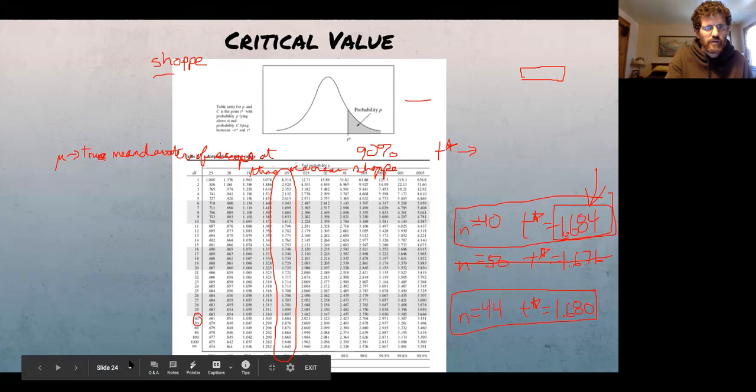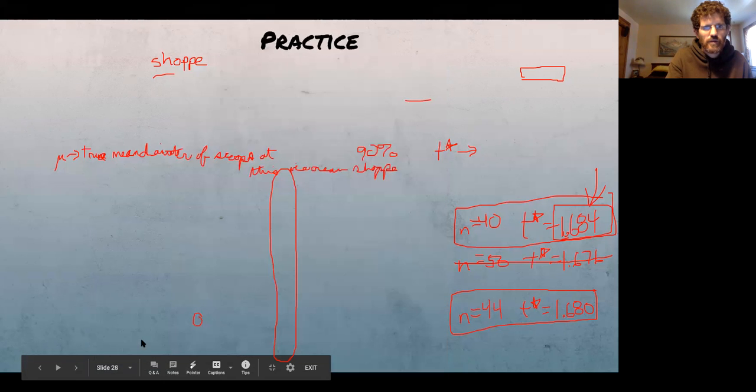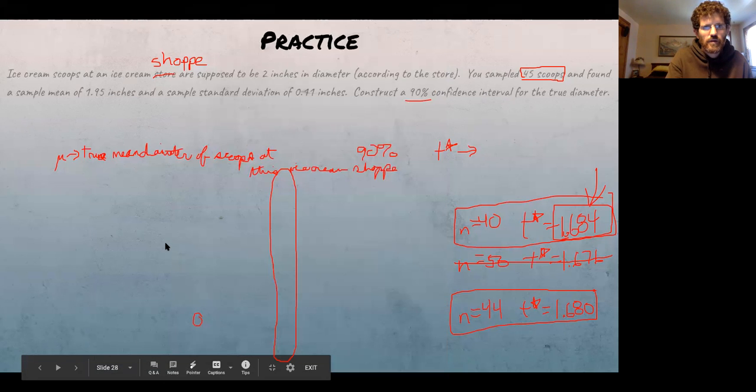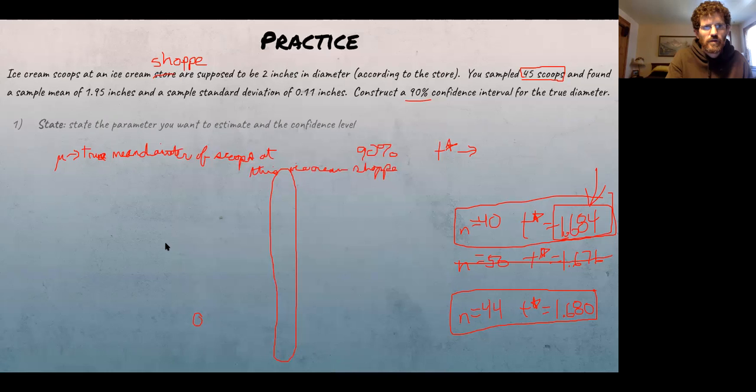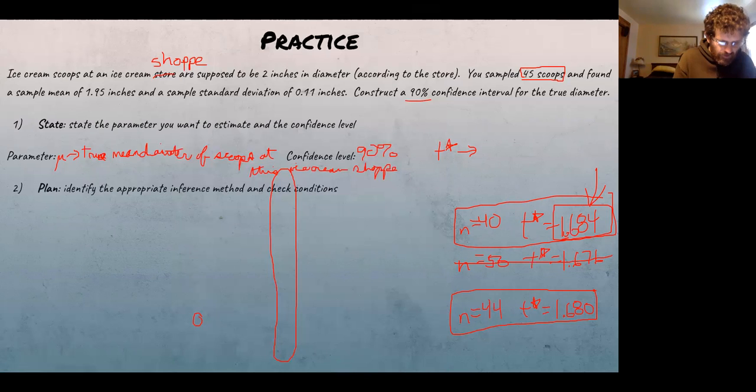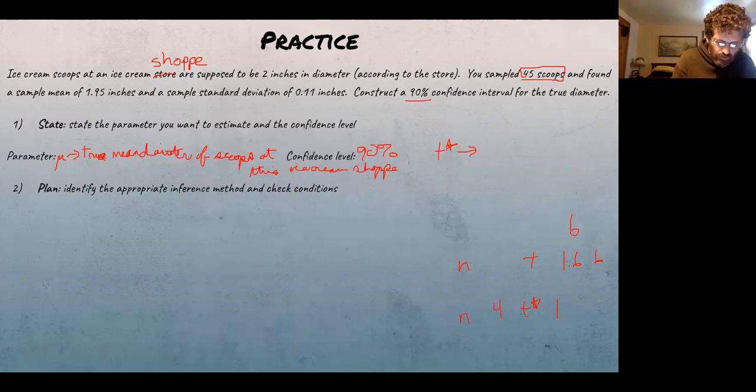All right, and I'll get back over to that. Okay, so let me erase all this. And the whole point of that little field trip we just did was to figure out our critical value. 1.680 is exact, 1.684 is acceptable.